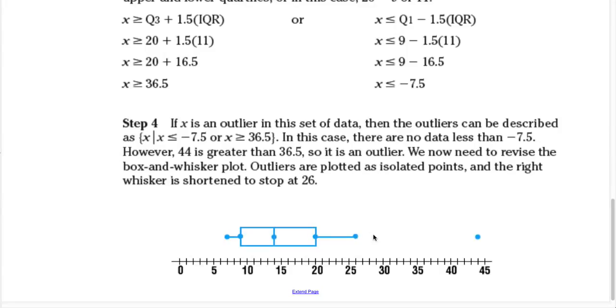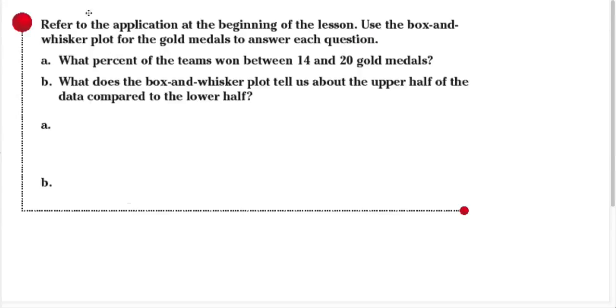And finally, let's refer back to the application at the beginning of the lesson, using the box and whisker plot for the gold medals to answer each question. After we have created our box and whisker plots, we can now answer these two questions. What percent of the teams won between 14 and 20 gold medals?